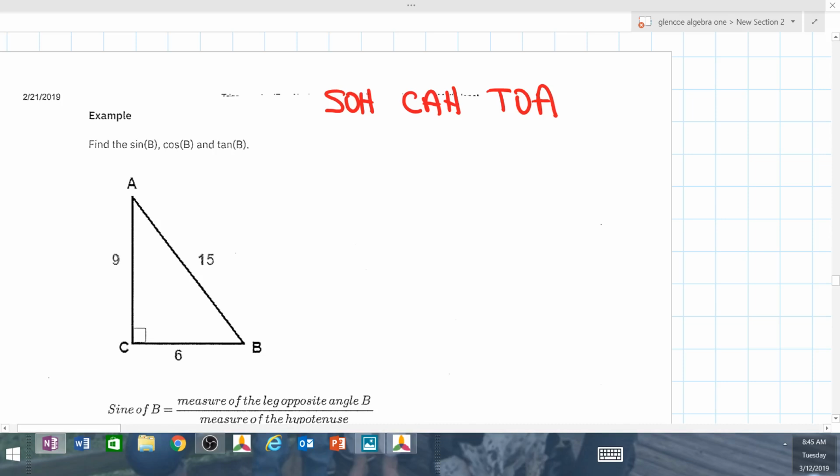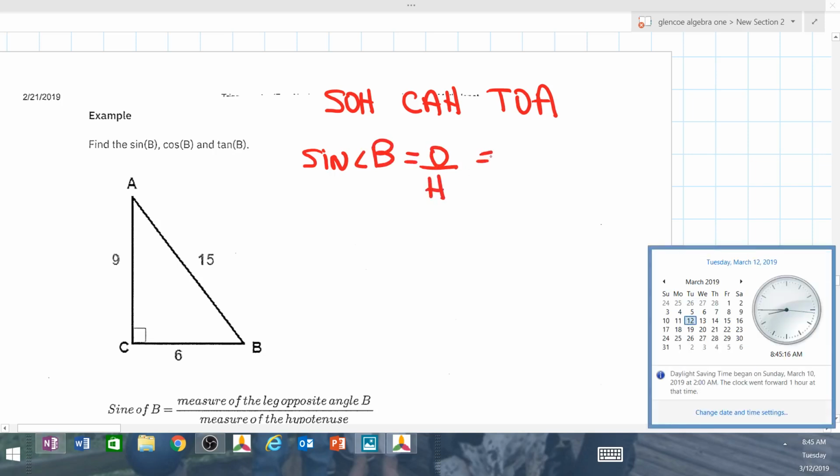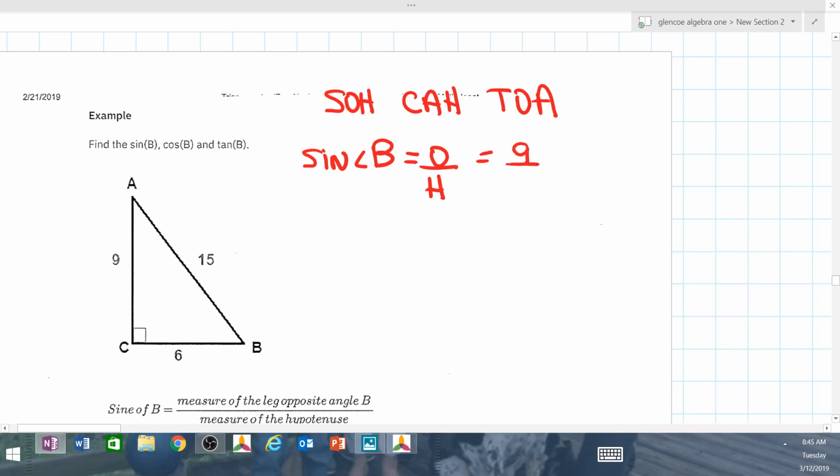Okay, so let's go ahead, and this time, please make sure you read the directions. It's asking for the sine of angle B. So we need the opposite over the hypotenuse, which would be what? Which side is opposite angle B, guys? 9. What's the hypotenuse? Good. Let's do the cosine of angle B, and then we'll use our calculator all at the end.